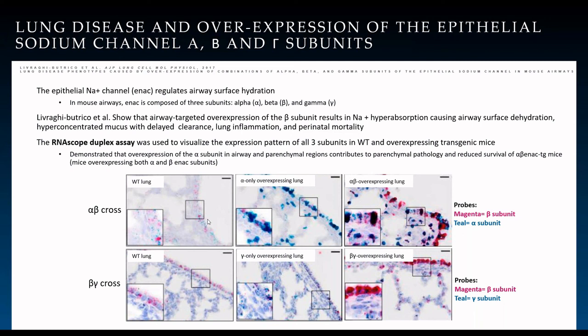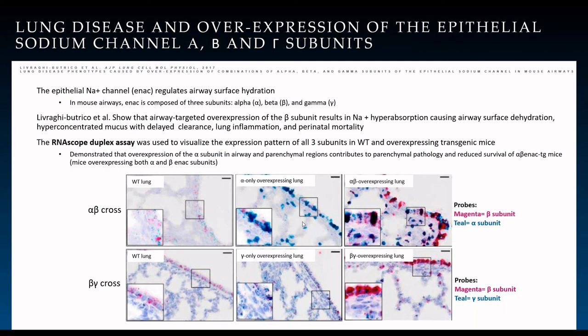So as you can see in this image, by using the RNAscope duplex assay, they were able to use probes for the alpha, beta, and gamma subunits of this sodium channel and visualize the expression of these markers in situ.